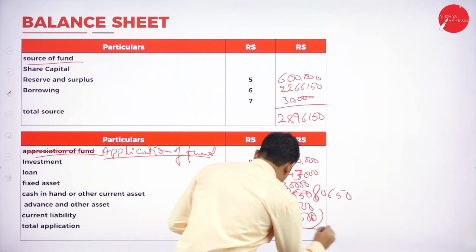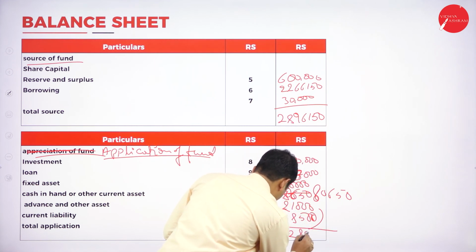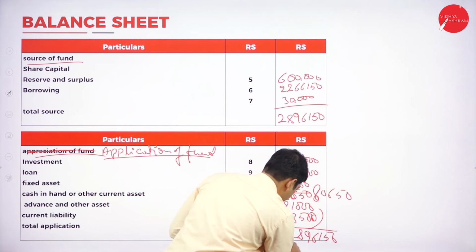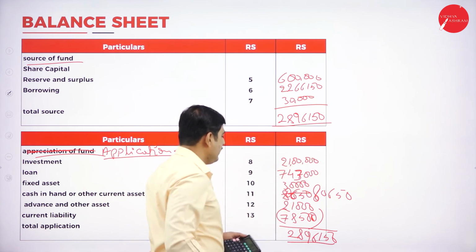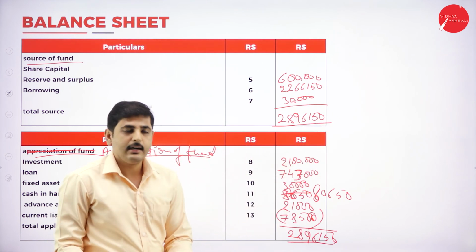So we'll get the total 28,96,150. Here also 28,96,150. The amount will get tallied.